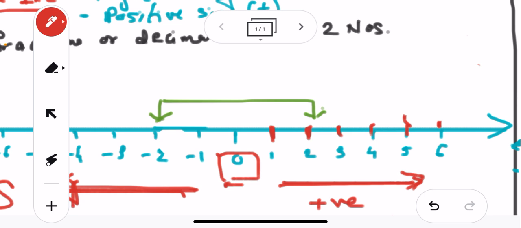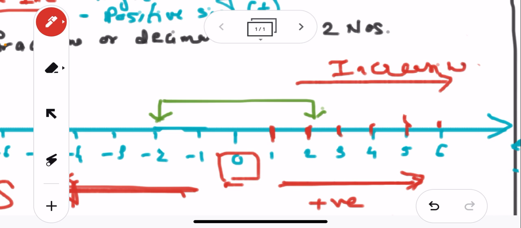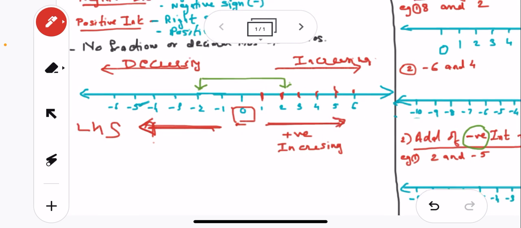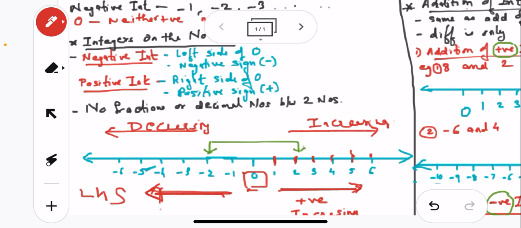Now if you see this side, the numbers go on increasing. And if you see on this side, that is the left hand side, the numbers go on decreasing. So here we have studied the integers on the number line: negative integers, positive integers, and 0 in between. 0 is the only integer which is neither positive nor negative.